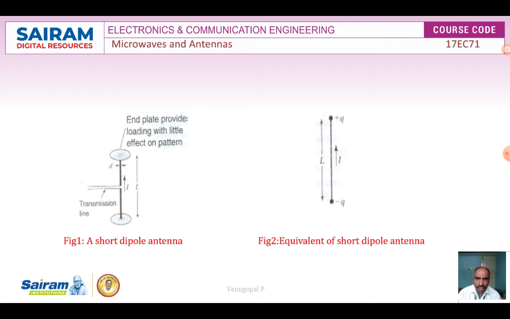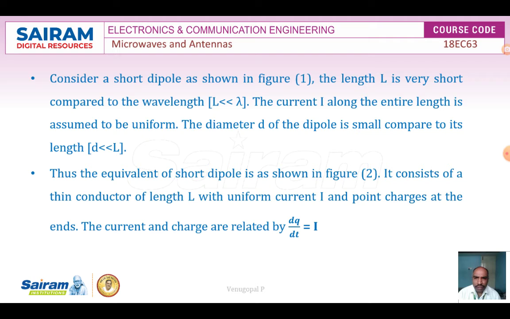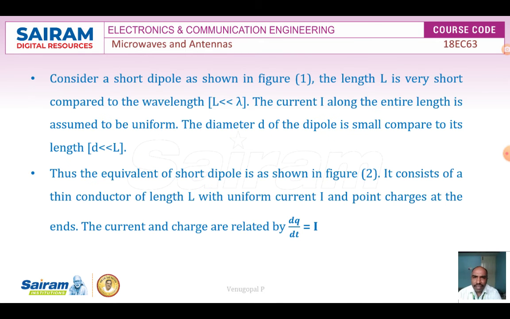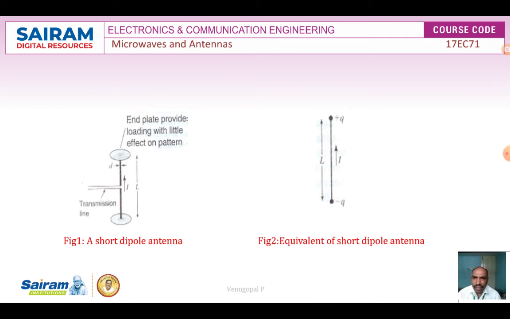The relationship between the current and the charge is given by I = dq/dt. One more thing: the length of the conductor L is greater than the diameter, the diameter of the short dipole is very much shorter than the length of the conductor, and the length is very much shorter than the wavelength.